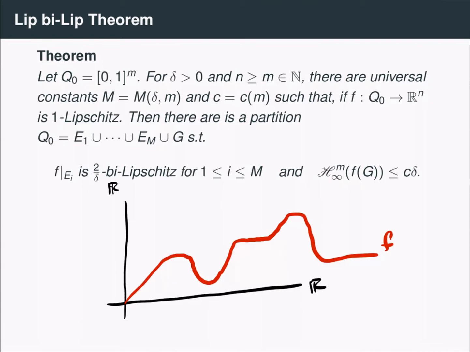There's a similar rule that if you have a function f defined on the real line, it's bi-Lipschitz if not only is it increasing, but the slope of the graph is at least some constant, and the slope is bounded above by some constant. So you can see that this function is not bi-Lipschitz, since in particular right here we see that the slope is approximately 0.